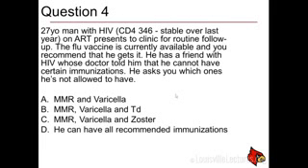So you have a 27-year-old man with HIV. His CD4 count is 346. It's been stable over the last year. He's on antiretroviral therapy. He presents to clinic for routine follow-up. And the flu vaccine is currently available, and you recommend that he gets it. He has a friend who also has HIV whose doctor told him he cannot get certain immunizations, and so he asked you which ones he's not allowed to have.